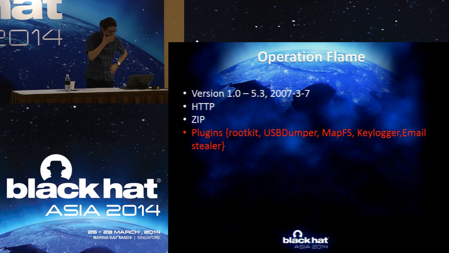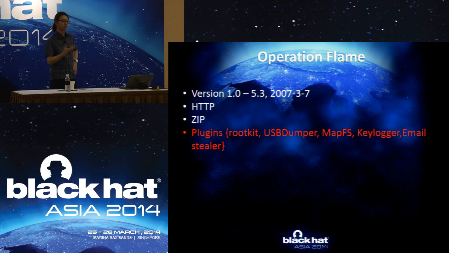How did we find this? Operation Flame. Version 1.0 was compiled on March 7th, 2007. It's the very first version of all those operations, the very first one. It uses HTTP protocol. And when the Joy got the data from the server side, they just unzipped it.